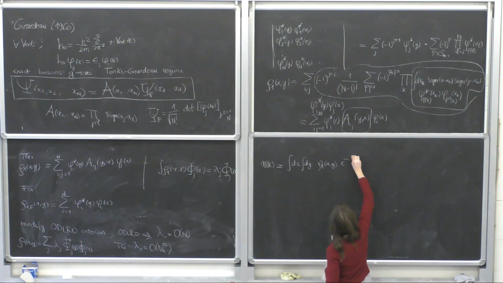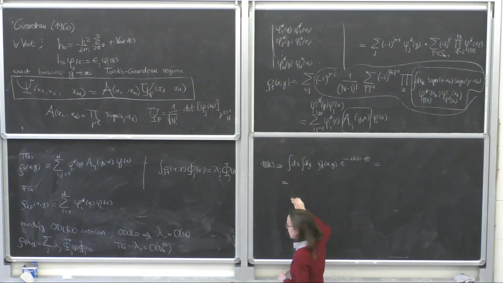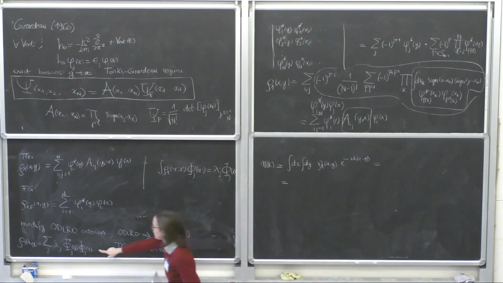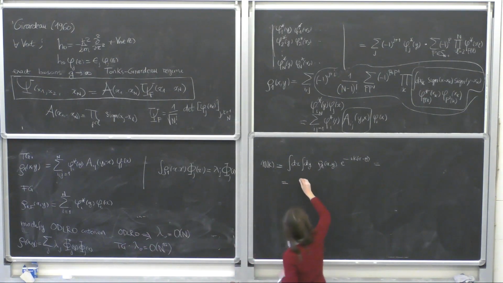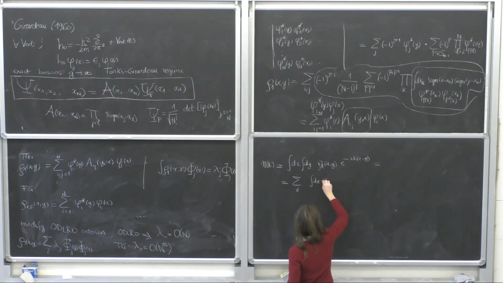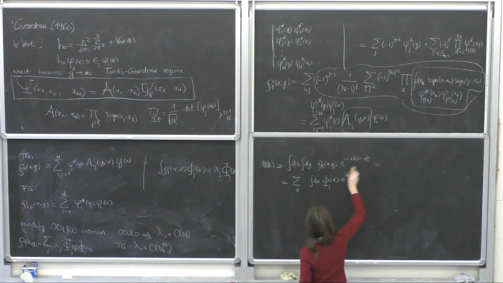So it was not obvious, indeed, before having this definition. In this case, if you plug in this expression, you see that this is a sum over j, and then we have the integral in x of phi_j of x e to the minus ikx, and the same for y.